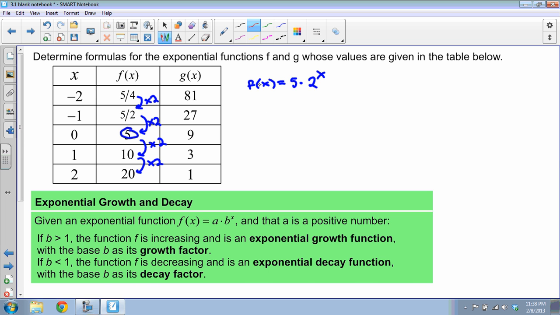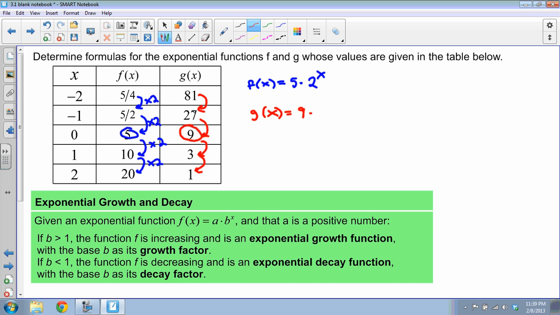Let's do g of x. Okay, so I look at when x is 0, what is my function? It's 9. So 9 is my initial value, so it goes where a is. And then I would say, okay, what do I multiply by in each of these cases to get the next number? Well, in each case, my number's getting smaller, so it's going to be like I'm dividing by something.